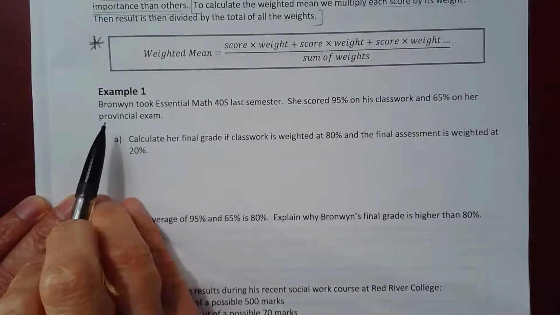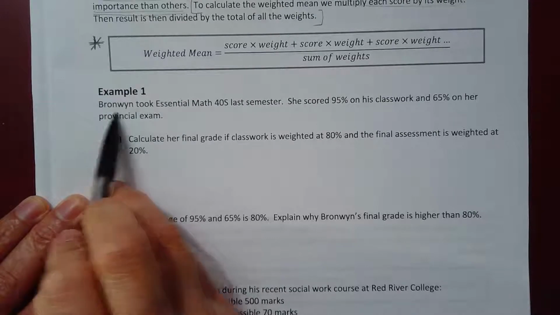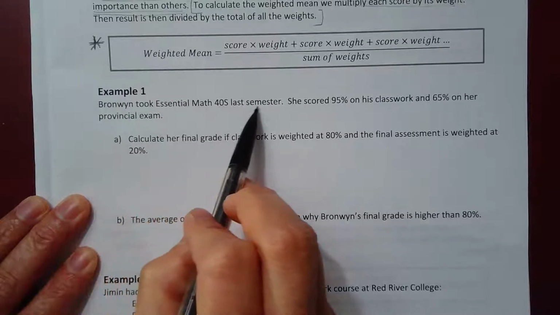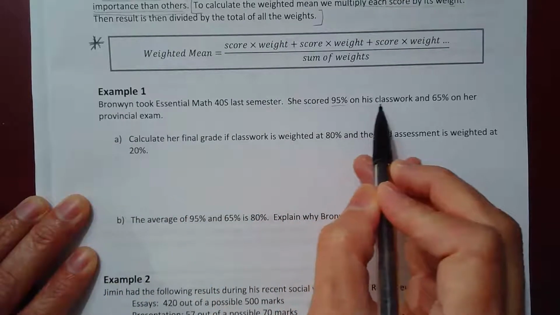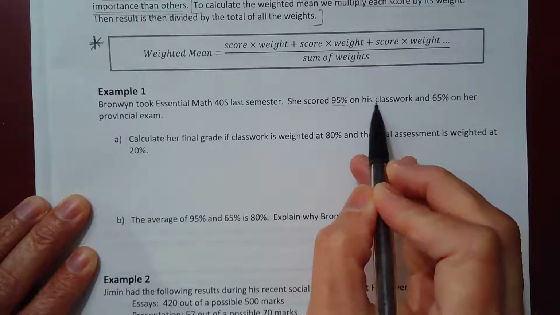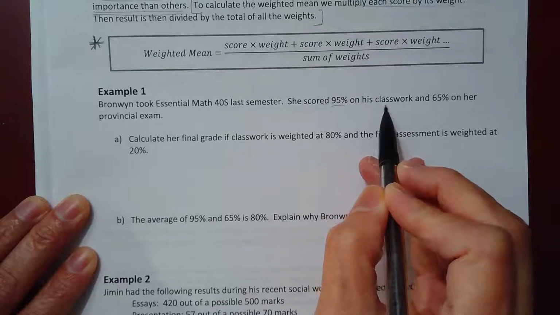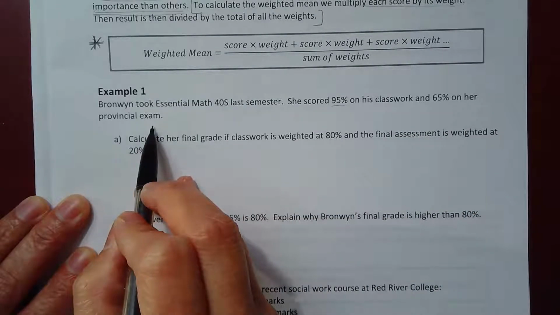Example number 1. Bronwyn took Essentials 40S last semester. She scored 95% on her classwork, and 65% on her provincial exam.